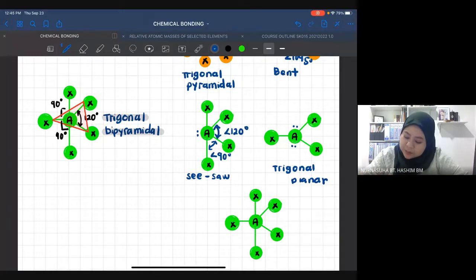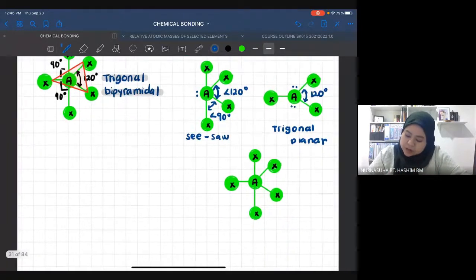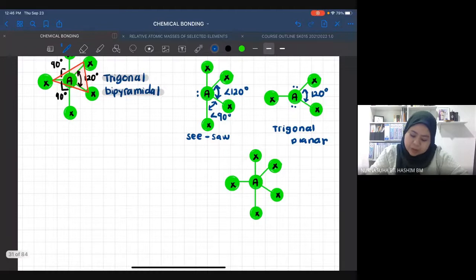Kalau Trigonal Planar, bond angle dia adalah 120. So, untuk case ni, tidak perlu letak less than 120. Kenapa? Sebab lone pair tu satu atas, satu bawah. Nanti angle dia akan cross.